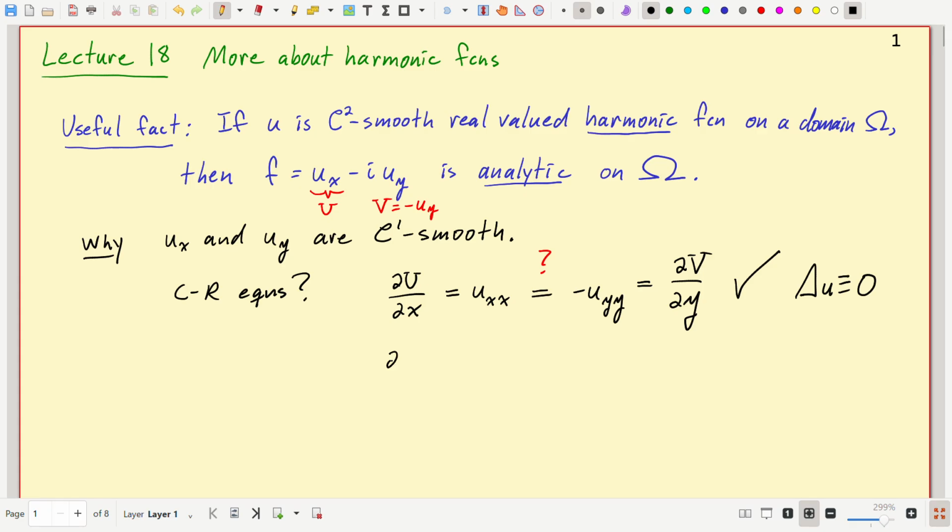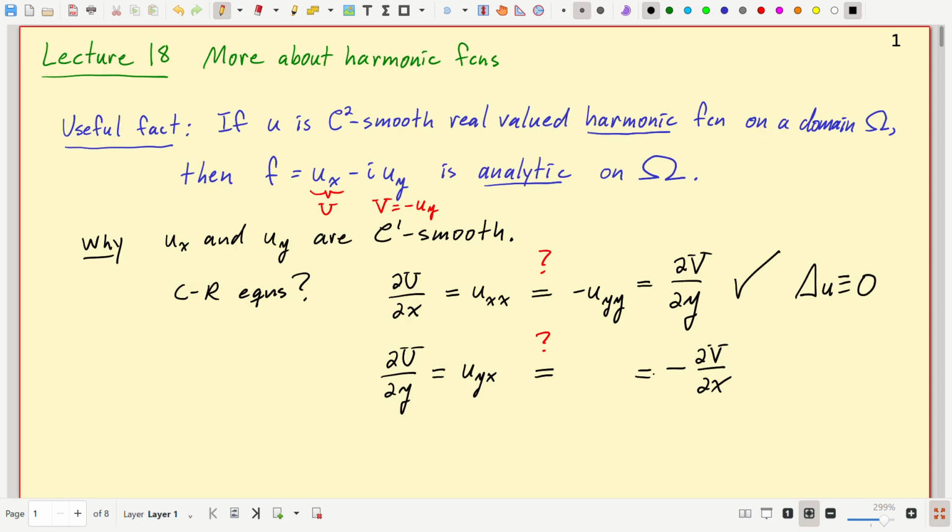And now the other one is dU dy. Let's see, that would be du dy dx. And the question is, is that equal to minus dV dx? And minus dV dx, let's see, V, capital V, is minus d little u dy.